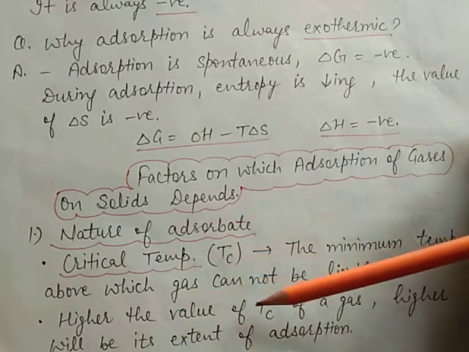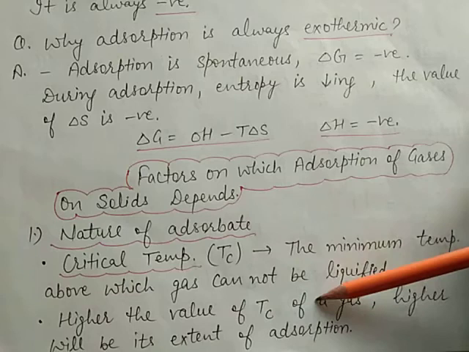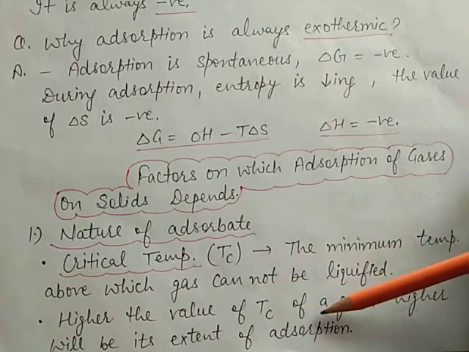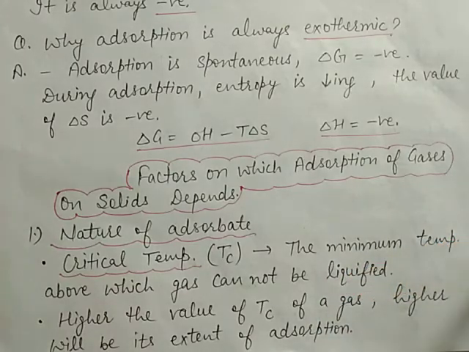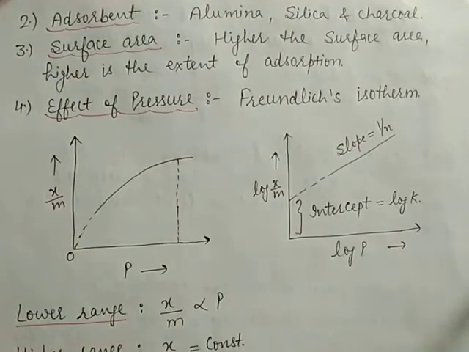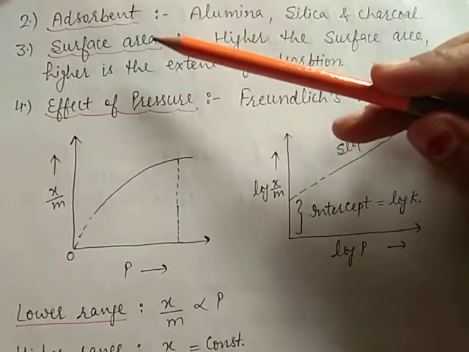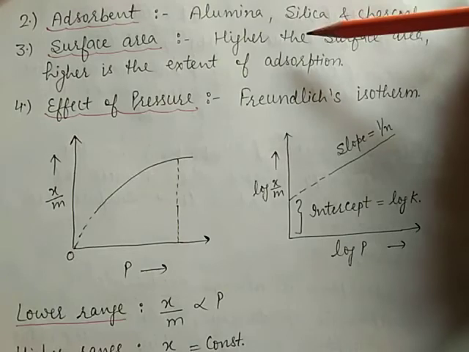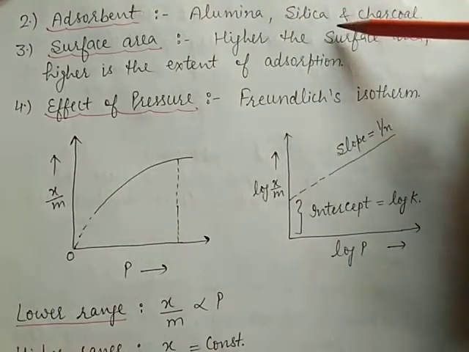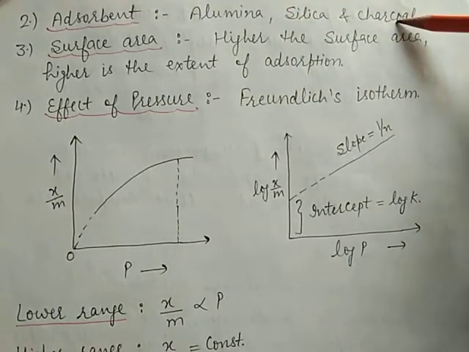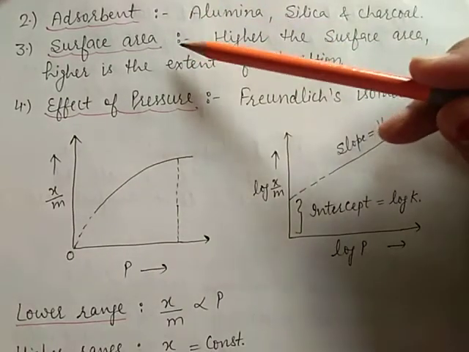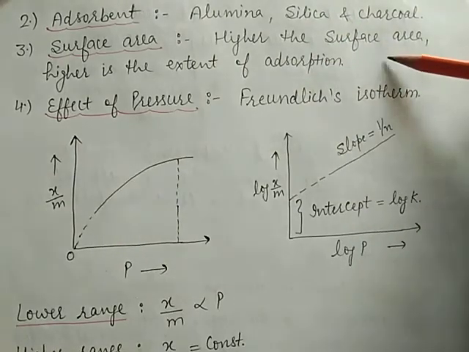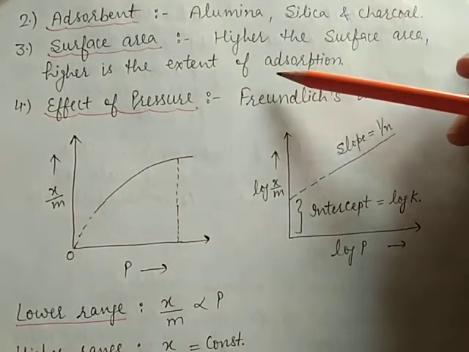Means the higher the critical temperature of a gas, the higher will be the extent of adsorption. Second is the adsorbent. Some commonly used adsorbents are alumina, silica and charcoal. The third factor is surface area. Means the higher the surface area, the higher is the extent of adsorption.